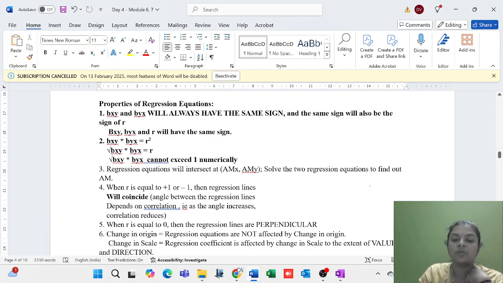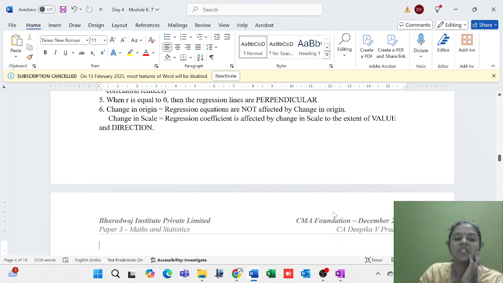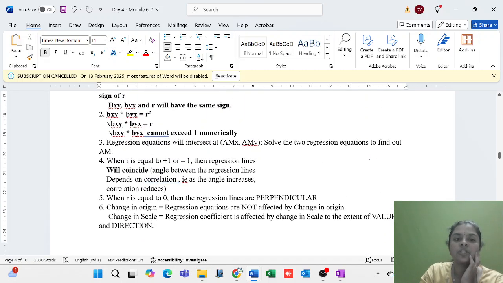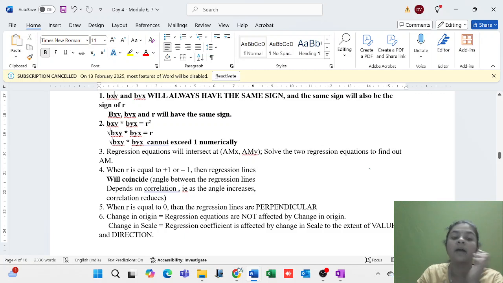And when r is equal to 0, the regression lines are perpendicular to each other. And the last is the change in origin and change in scale rule, where the regression coefficient is not affected by change in origin, but is affected by change in scale, both in value and direction.